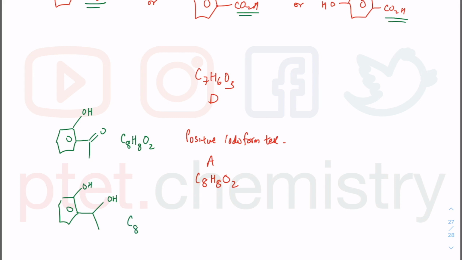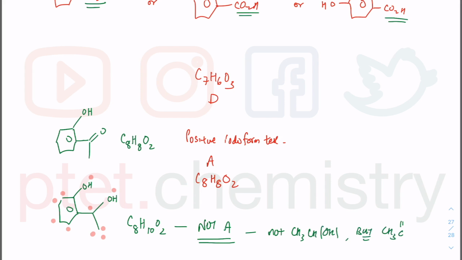So C8, but then the hydrogen will be 1, 2, 3, 4, 5, 6, 7, 8, 9, 10. So there will be 10 hydrogen and O2. So this is not A. So meaning to say it is not CH3CHOH, but it is a CH3C double bond O.